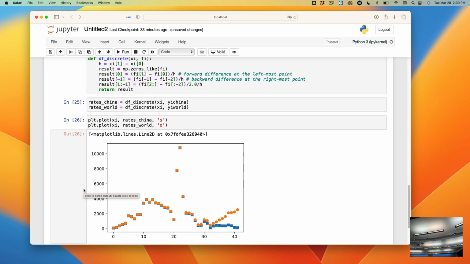But then, as people started developing immunity and with the lockdowns in China, the rates started going down in China, but the infections started spreading across the world, so the world rates kept going higher and higher. These are true values, like 2,000 infections per day, because the x-axis is days.